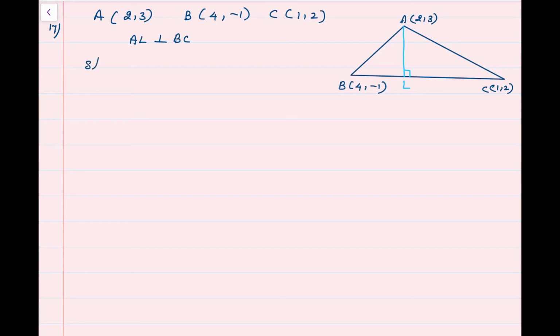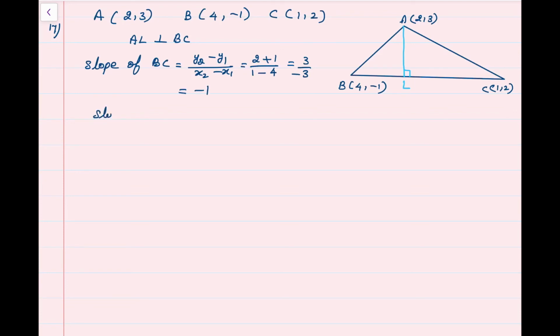We will get the slope of BC. We know 2 points, so we will use y2 minus y1 divided by x2 minus x1. 2 minus of -1 divided by 1 minus 4, which is 3 divided by -3, which is -1.